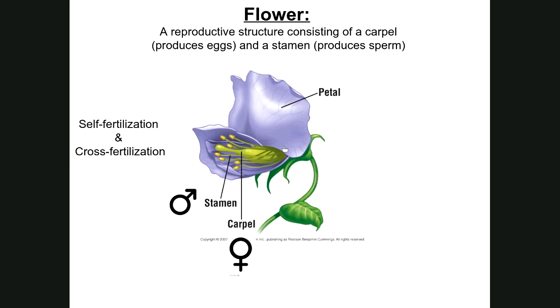Because a flowering plant produces flowers that have both a carpel and a stamen, that means that one plant can self-fertilize itself and asexually reproduce. One parent produces offspring. However, Mendel also knew that plants can sexually reproduce and that he could control both processes. He just had to be careful, but he could control them. Well, when plants sexually reproduce, you're going to hear me say cross-fertilization.